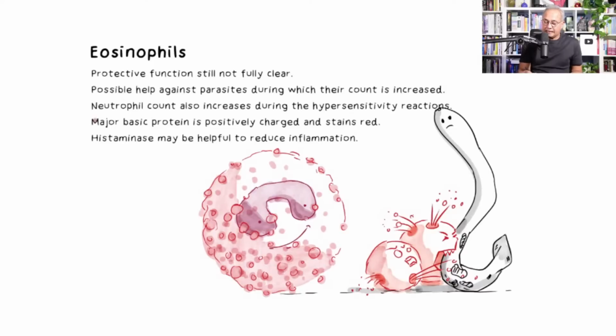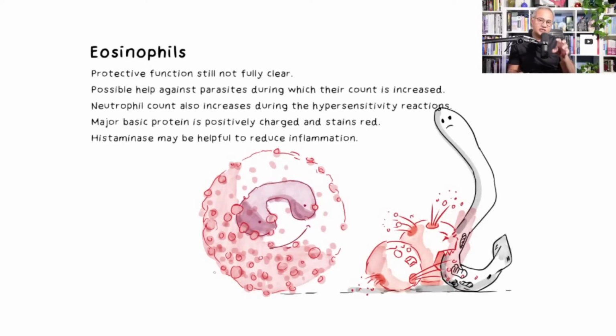Their main protein that stains red is called the major basic protein. This protein is positively charged and it picks up the negative part of the dye and then it looks red. And it is the major basic protein. So if you see here, I made these little eosinophils biting the worm. So they really are not biting the worm.